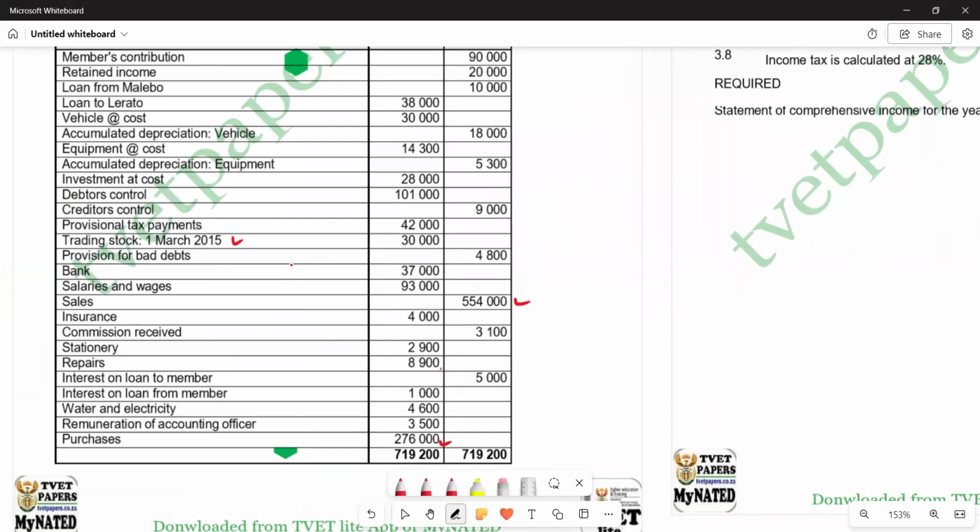When you come here, we've got commission received, and remember, all incomes will be on the credit side of the trial balance. Commission received is on the credit side, 3,100. But before you enter that 3,100, you need to go to additional information to check if you've got anything to do with an adjustment that is affecting our commission received. But according to this question, we do not have any. So you just have to pick 3,100 as it is.